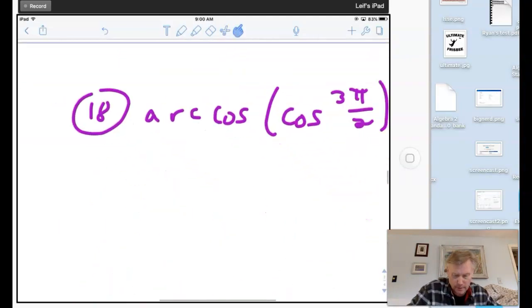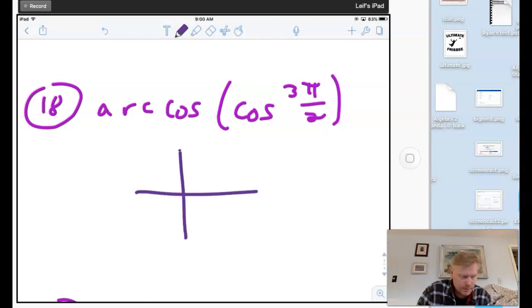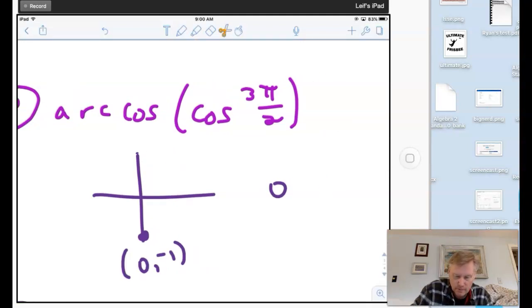Let's see. I got one more here. The arc cosine of the cosine of 3 pi over 2. So 3 pi over 2 is here. So the cosine of that, remember the cosine is the x coordinate which is 0, -1. So that would be 0. And which angle gives me that?